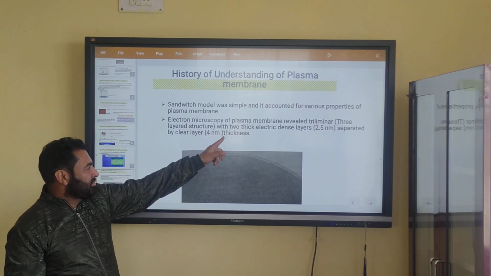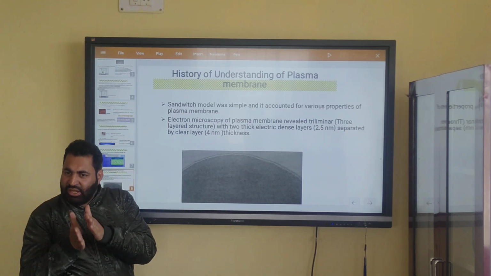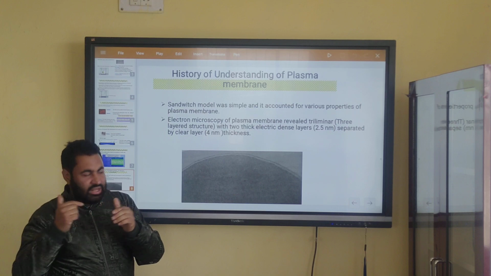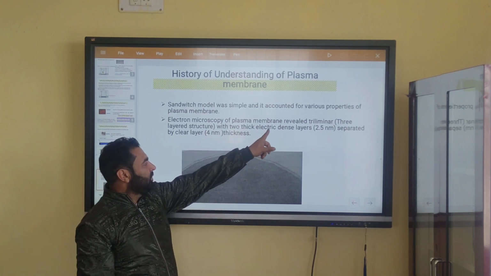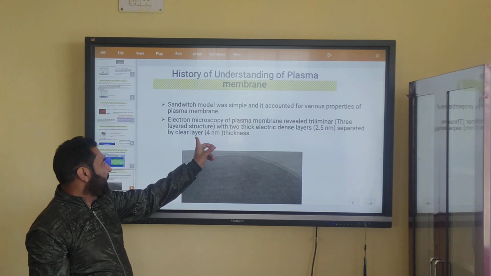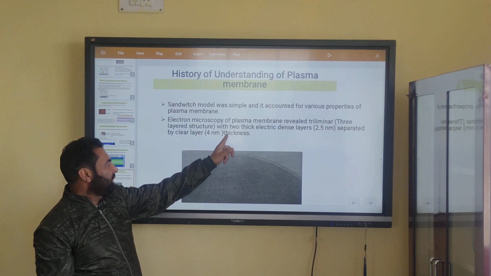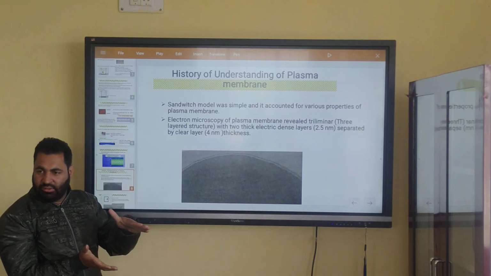Electron microscopy of the plasma membrane revealed a trilaminar structure, as if there were three layers. Three layers were present, with two thick dense regions of 2.5 nanometers, separated by a clear region of 4 nanometer thickness, like this. It is like a rail track.